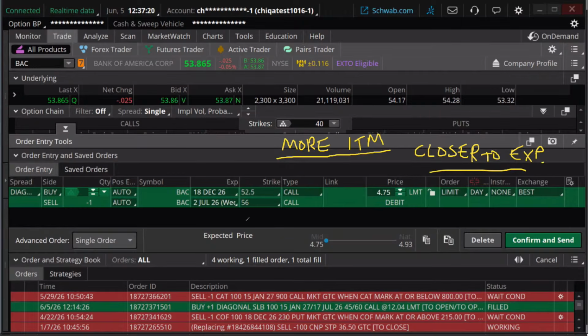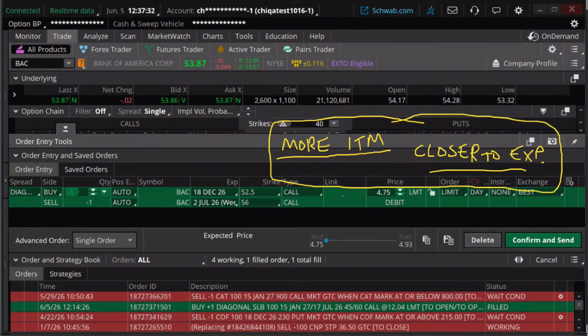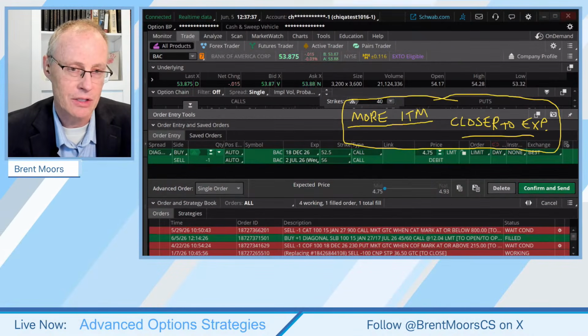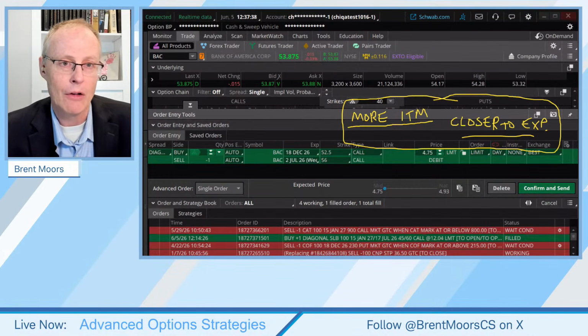That's not just true for this contract. Any of your option contracts, when you're talking about short option contracts, if you want to avoid early assignment, these are two key factors you got to consider. The reality is, what drives early assignment is typically little extrinsic value.